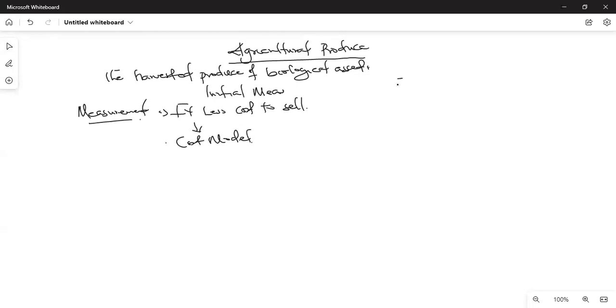In terms of subsequent measurements, we are supposed to look at the revaluation.